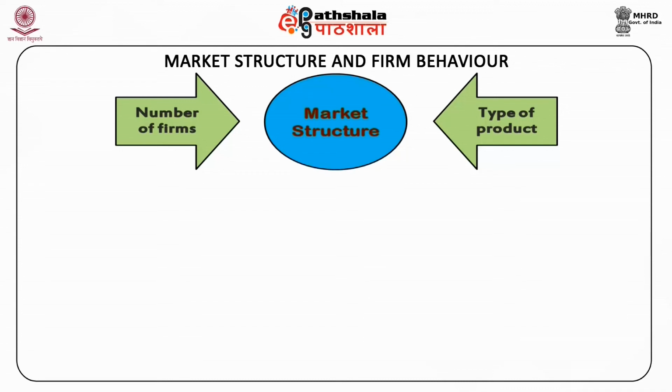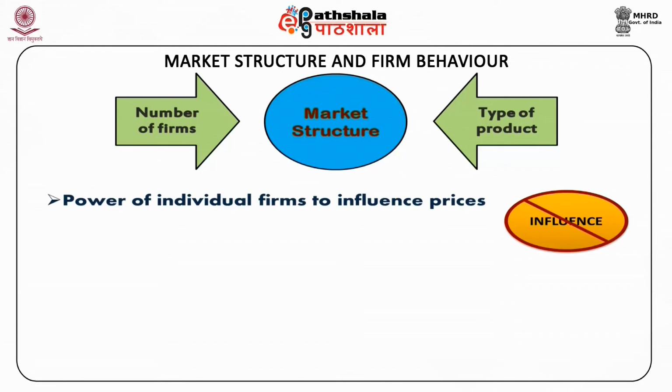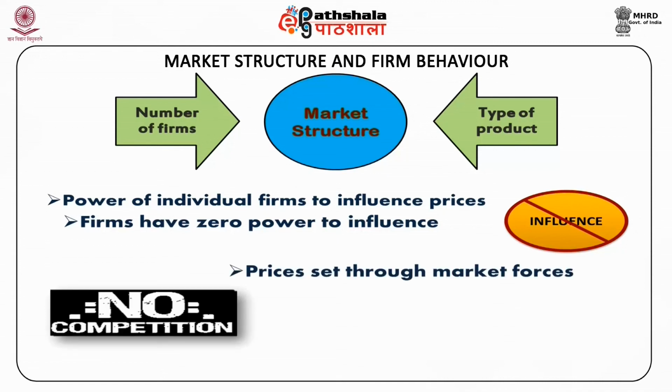Competitiveness of a market depends on the power of individual firms to influence the market prices through cost and output level. If the power is zero, then the market is said to be perfectly competitive. In this case, the firms accept the prices set through the market forces of demand and supply.